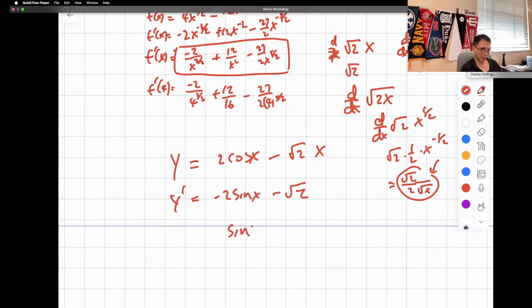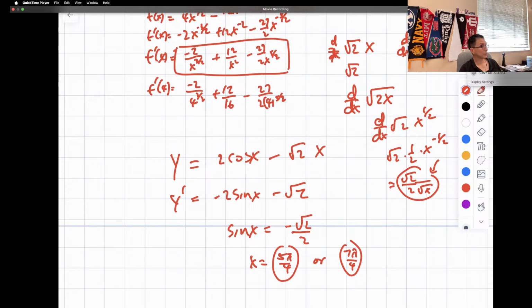Then sine of x equals negative square root 2 over 2, so x is equal to 5 pi over 4 or 7 pi over 4, and that's that. You can check on decimals. If you check at those x values, you'll have either a relative maximum or relative minimum, because it can go up or down, with a slope of 0.